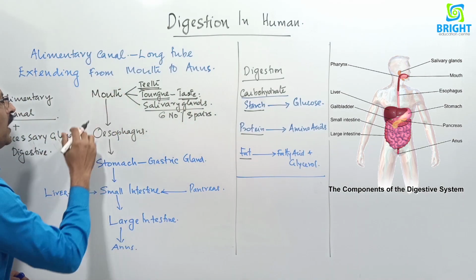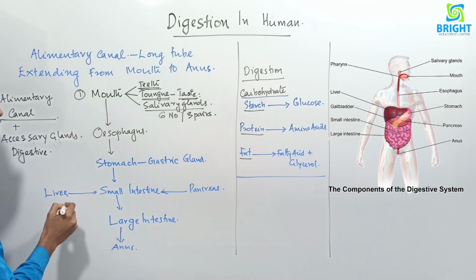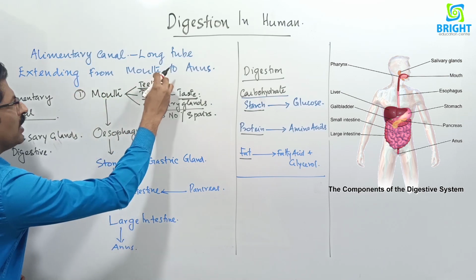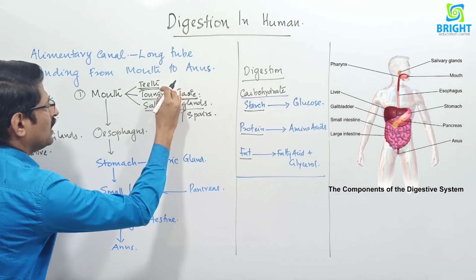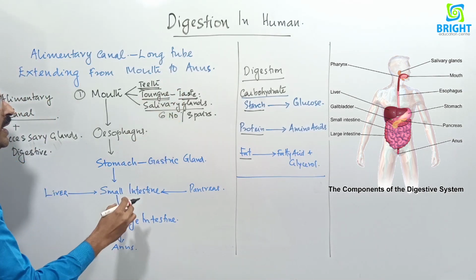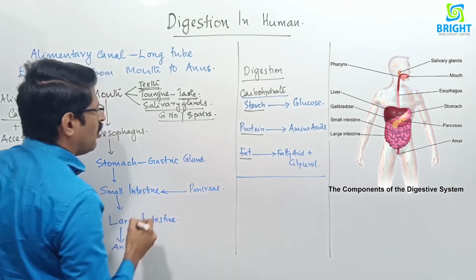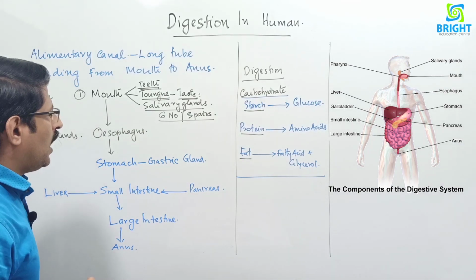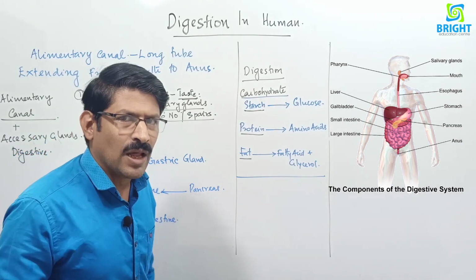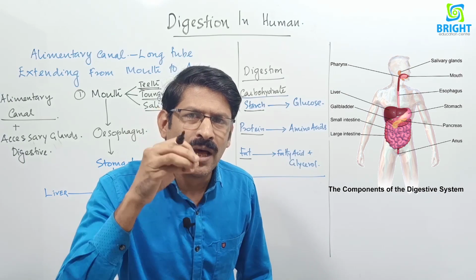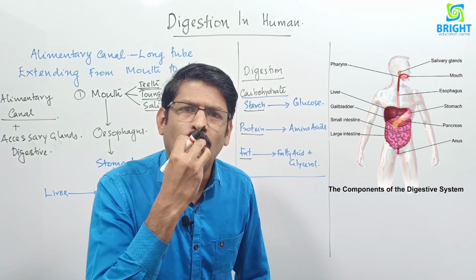So the first part of the alimentary canal is the mouth, which has different organs like teeth, tongue and salivary glands, and this enzyme begins the digestive process in the mouth itself.